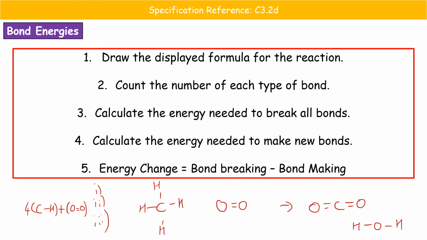A hint, if they've given you the lovely 3 parts to this, so part 1 would be the energy in your reactants, part 2, energy of products, and part 3, the energy change.